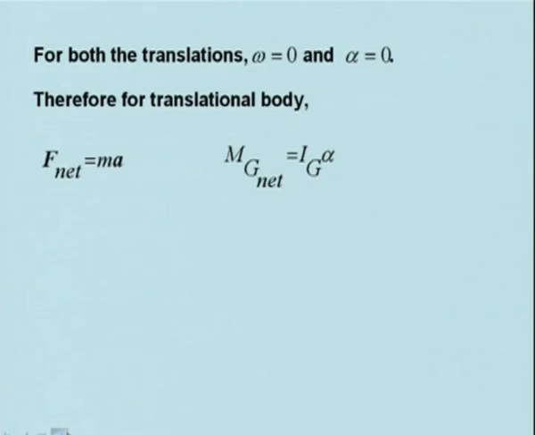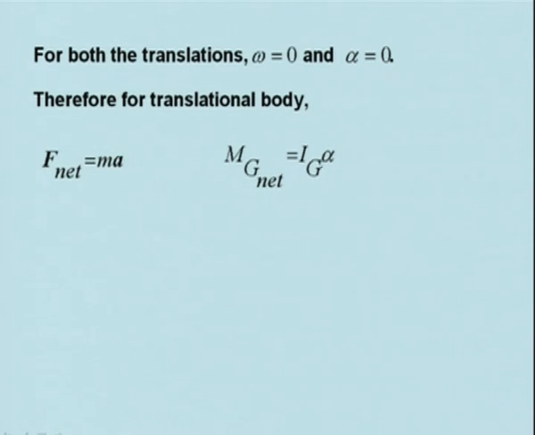Therefore for translation, omega is 0 and alpha is 0. So for translation of a body, F net becomes equal to mass times acceleration, because that was one equation. This is a vector equation: F net is a vector equal to m times a, and Mg net is equal to Ig times alpha.